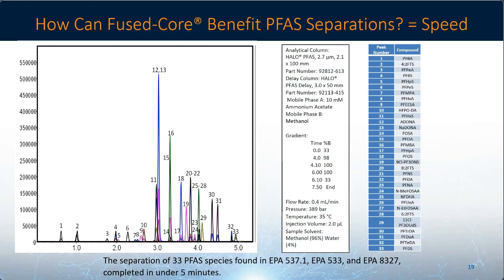Any potential area where we couldn't identify them, we can. The speed of the analysis has not affected the separation at all. We provided adequate separation for the mass spec to identify all these compounds and the transitions, and we have enough to quantitate as well. So that's a very good separation.